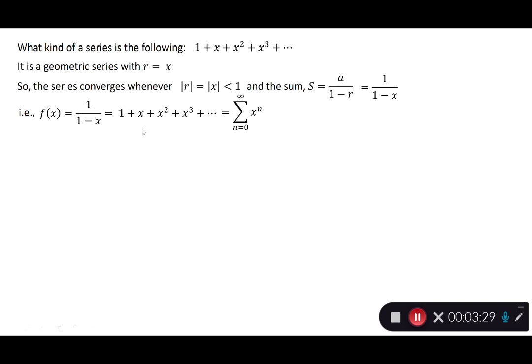In sigma notation, we can write this as sigma n equals 0 to infinity x to the n. And that is the coolest thing next to sliced bread. What? I know, you're thinking, what? You just wrote 1 over 1 minus x as sigma. What's the big deal about that?